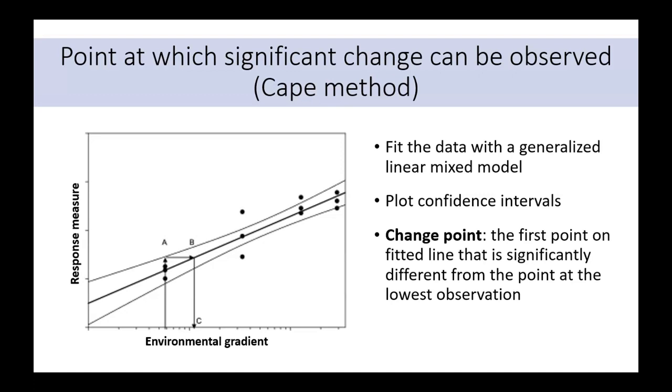You plot the fitted line and the confidence intervals, and then you look for the first observation along the environmental gradient, and you assume that this point on the gradient is your background amount. So this is our background. And then you look for the first point on the line, a fitted line that's significantly different or outside the confidence intervals from that first background point.